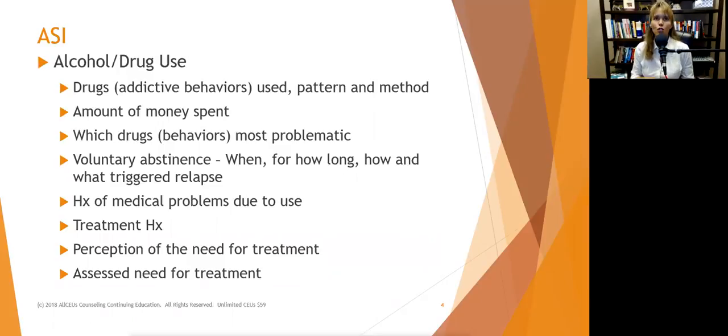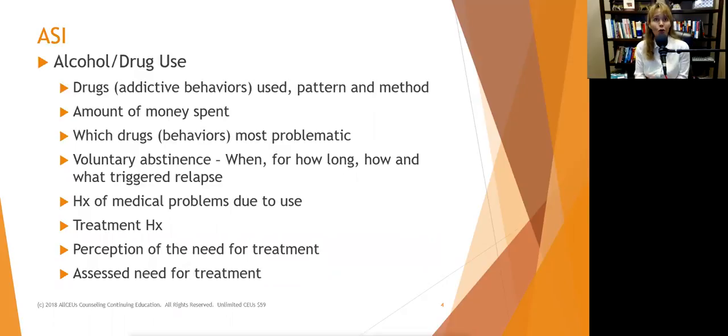And when we're talking about these drugs or behaviors, most people are polyaddicted. They're addicted to alcohol, they're addicted to nicotine, and they may have some behavioral addictions in there. That's okay.